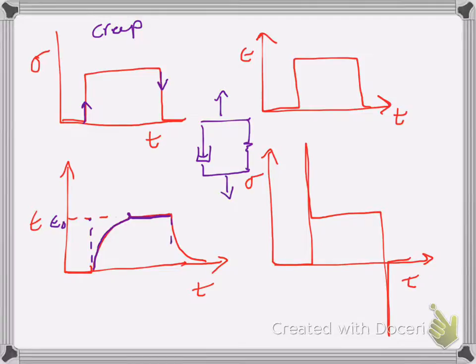The spring wants to jump back right away to its 0 point, but the viscous element causes it to do that very slowly with an exponentially decreasing strain. So the thing to note on this is that while there is a viscous element in there, it still is recoverable strain.